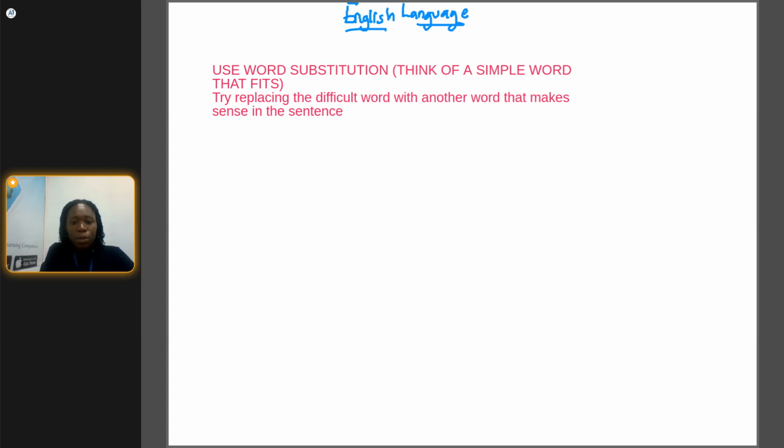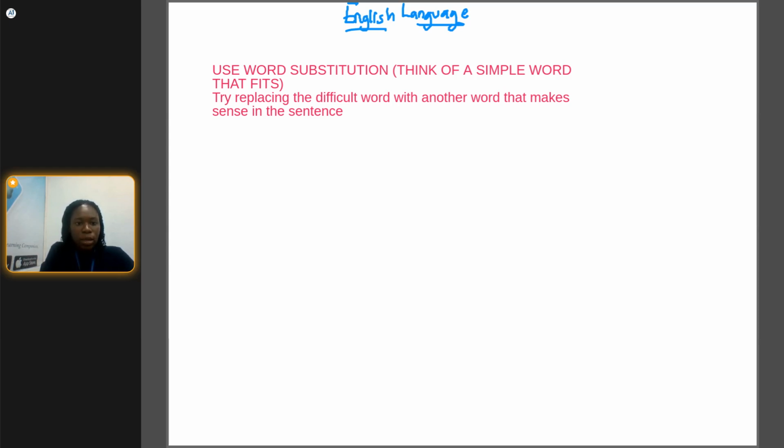All right. So I have an example here, and the example says: the teacher was meticulous in checking every detail of the report. Now, the word that we are dealing with is meticulous, right?